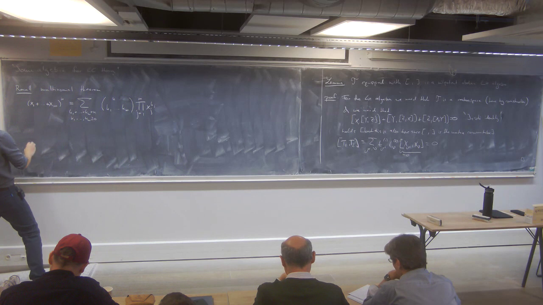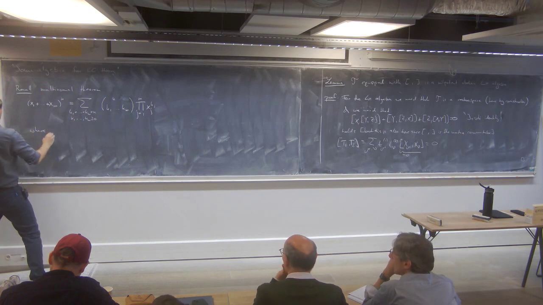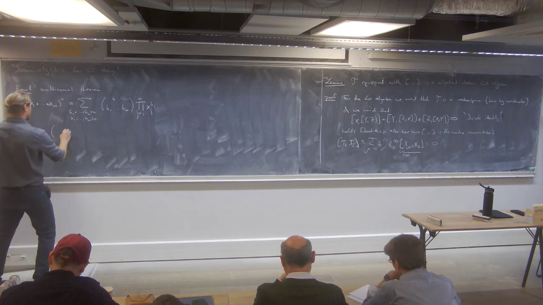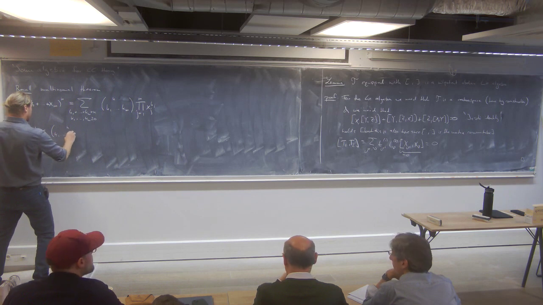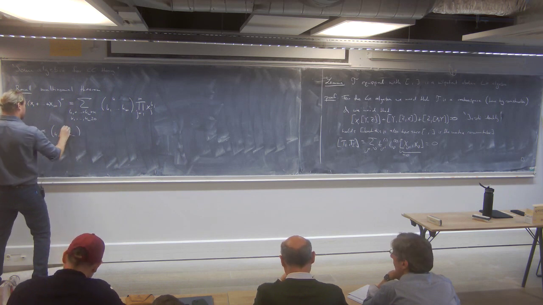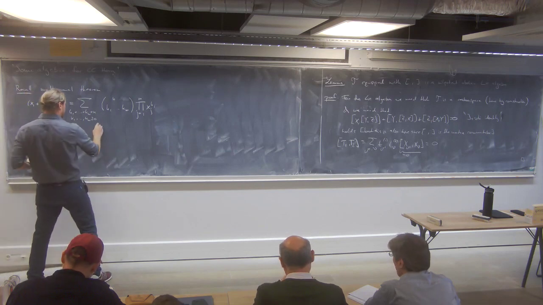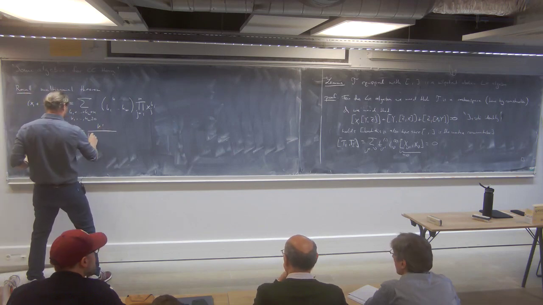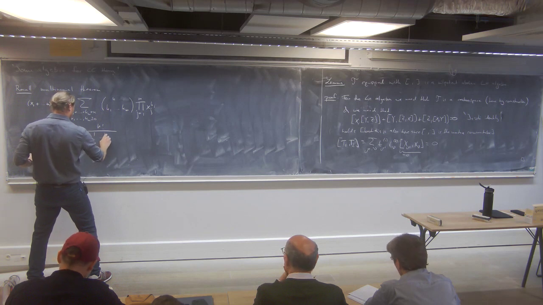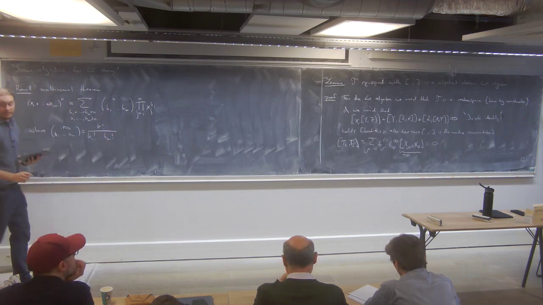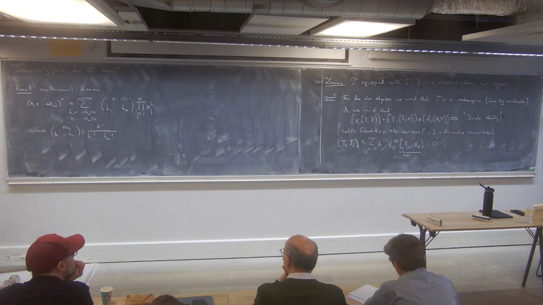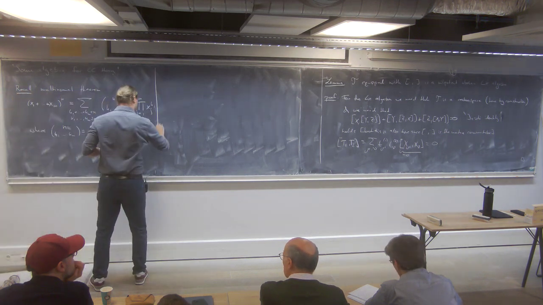Where the multinomial coefficient is equal to n factorial over k1 factorial up to km factorial. Yeah, so this is the multinomial theorem for variables.